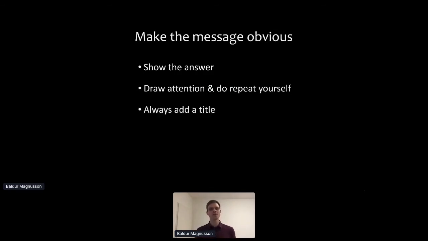And consider always adding a title, and really not just a description of what's in the plot, but phrase it as a conclusion. What do you think? And with these pointers, it's not so much that the message is obvious as it's really impossible to miss. Know your purpose, show the data clearly, and make the message obvious.